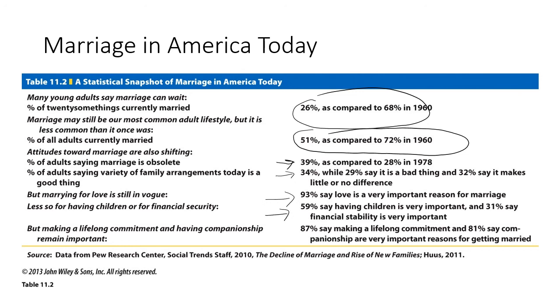So it's 59% say having children is an important component of marriage, and 31% say financial stability is important. Those numbers are today, and it used to be higher. But making a lifelong commitment and having companionship remain important. So reasons for getting married are that lifelong commitment, or just to have companionship.